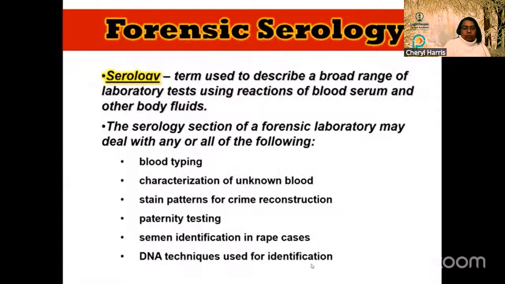And that's going to be in our blood spatter lessons. So before we jump into blood typing, you need to know that there is a branch of forensic investigation that is the heart of crime solving, even more so than fingerprints or hair analysis or fiber analysis, and that is forensic serology.